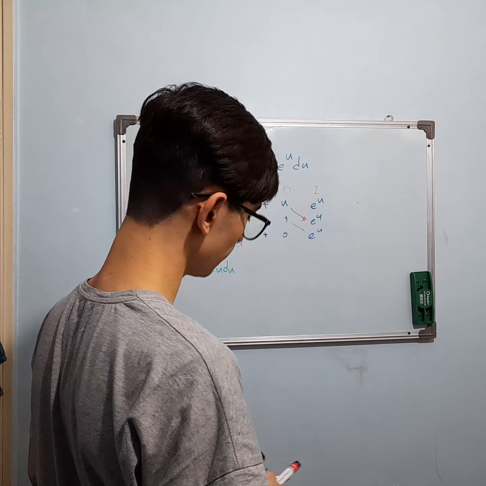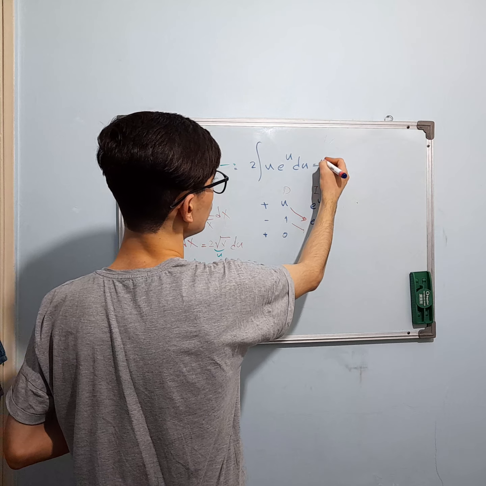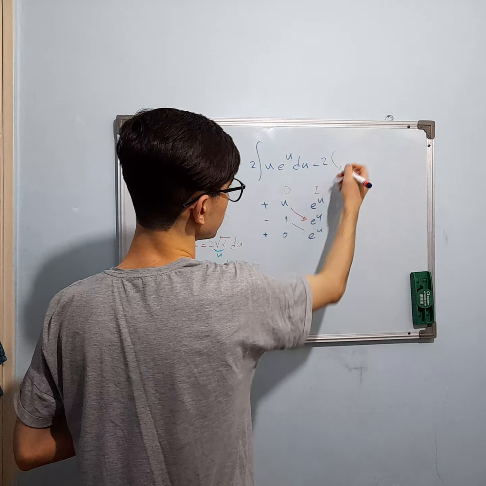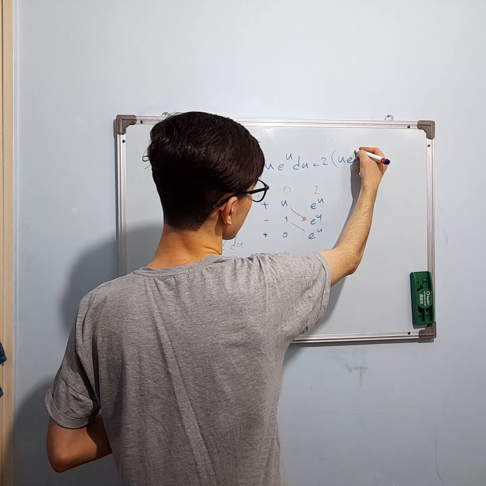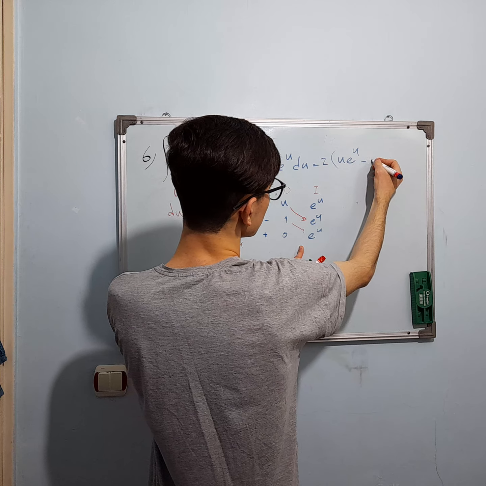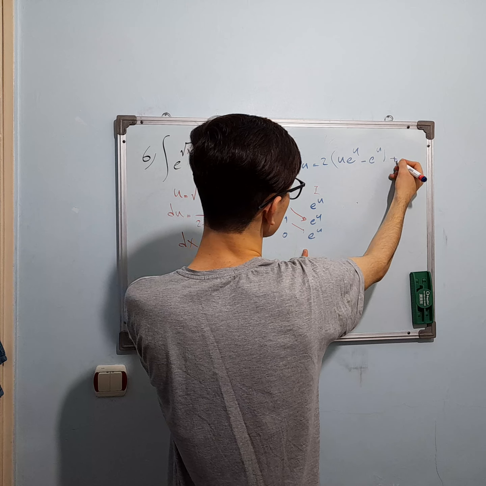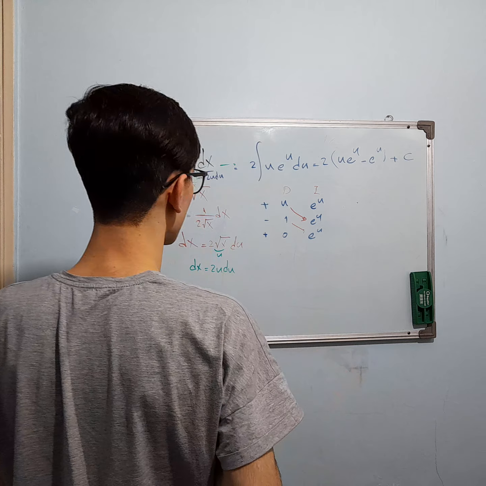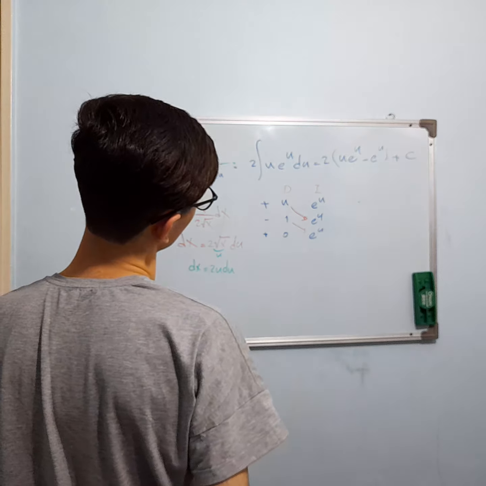Okay, so 2 parentheses, u times e to the u minus e to the u, plus c. So we must bring it from u back to x.